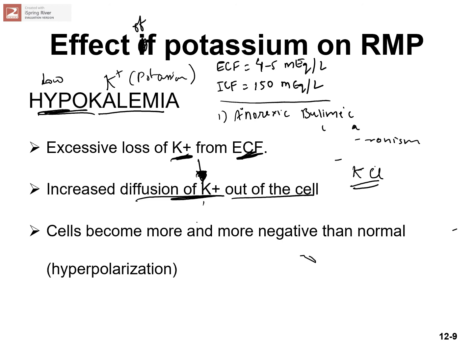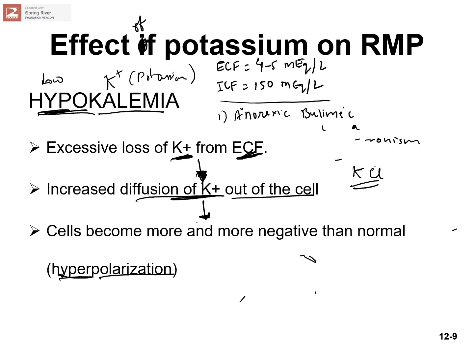When there's increased diffusion of potassium out, the cells become more and more negative because they lose a lot of positively charged potassium ions. And this causes the cell to become hyperpolarized.